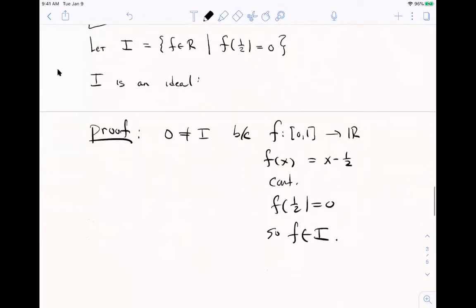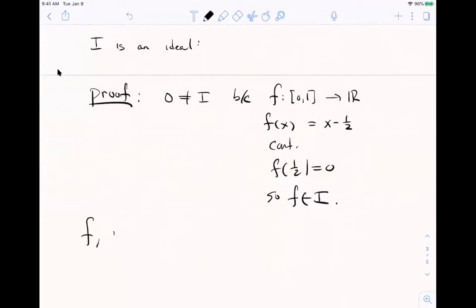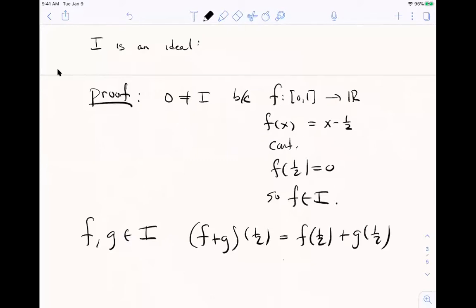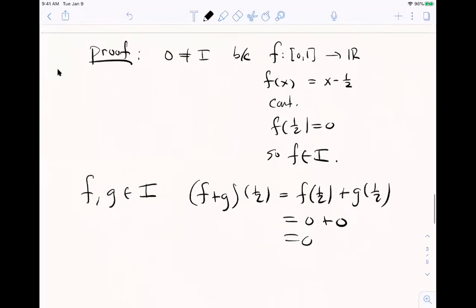And now let's suppose we have two functions, say f and g in I. I want to show that f plus g is in I. Well, by definition, f plus g of 1/2 is f of 1/2 plus g of 1/2. That's 0 plus 0. 0 plus 0 is 0.